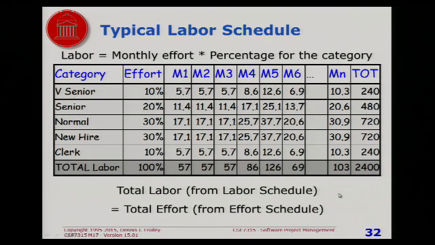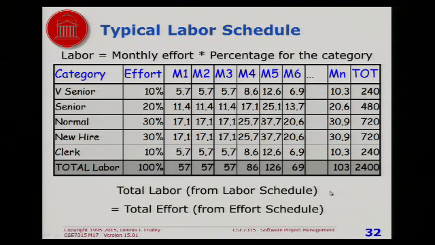And again, because the numbers here are small, you've got numbers that seem kind of small, like 5 hours. Our very senior people are working for 5.7 hours in month 1. Well, what are they doing the rest of the time? Maybe they're working on another project or something. If the numbers here were bigger, this would probably make more sense.